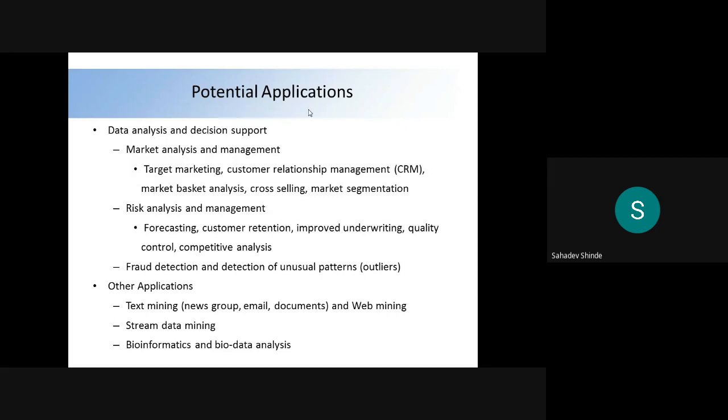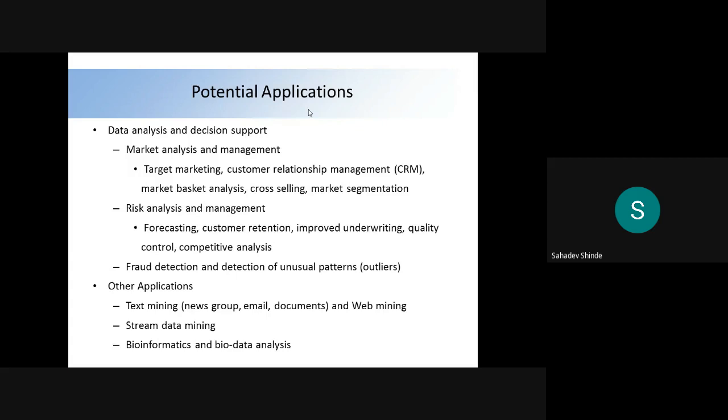And other applications like text mining. In the case of text mining, we are going to consider news groups, email, documents, and web mining or web servers. Again stream data mining, and bioinformatics and biodata analysis.